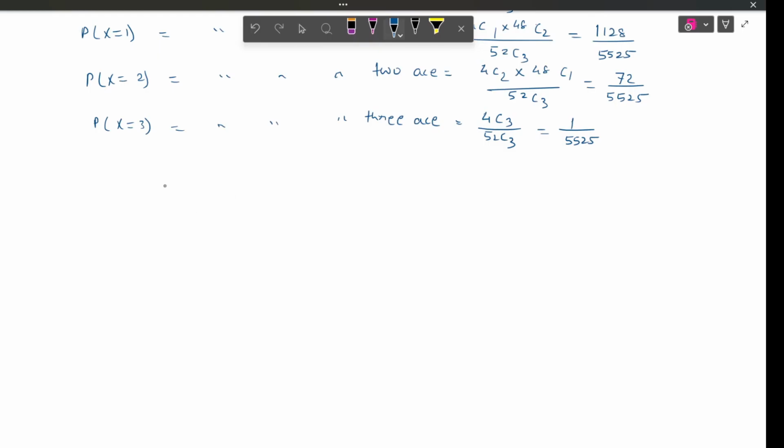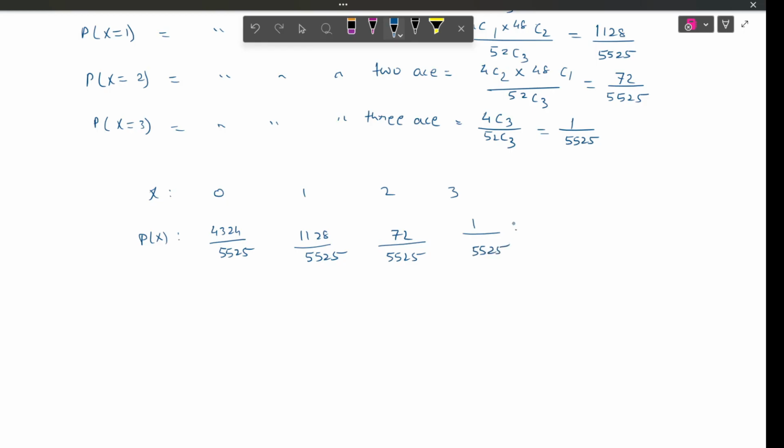The probability distribution table would be: X value 0, 1, 2 and 3, and the probabilities we have just calculated: 4324 by 5525, 1128 by 5525, 72 by 5525 and 1 upon 5525.